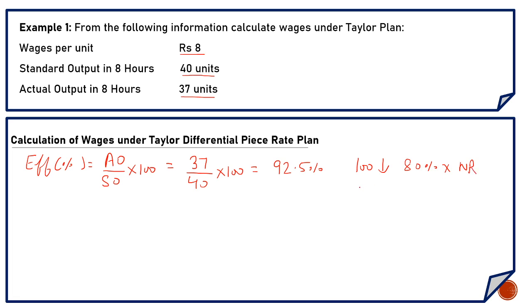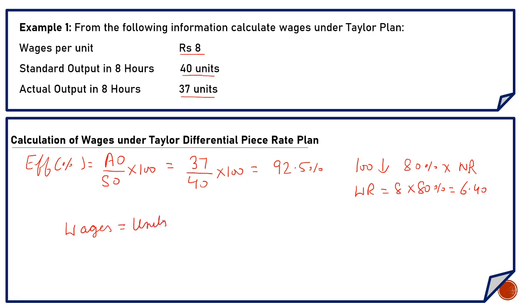Here wage rate per unit is 8 rupees and 80% of 8 rupees is 6.40 per unit.